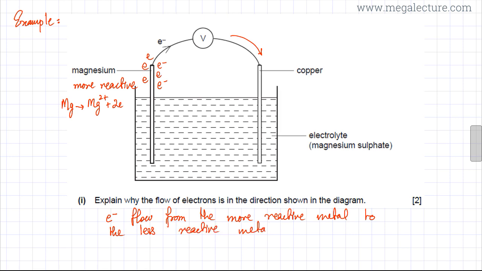Since it's a 2-mark question, we also need to describe which one is the more reactive metal, which in this case is Mg, and the less reactive metal, which in this particular case is copper.